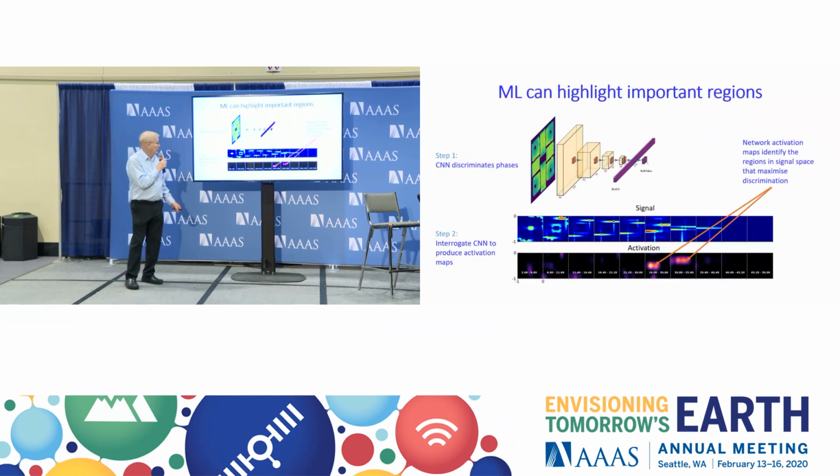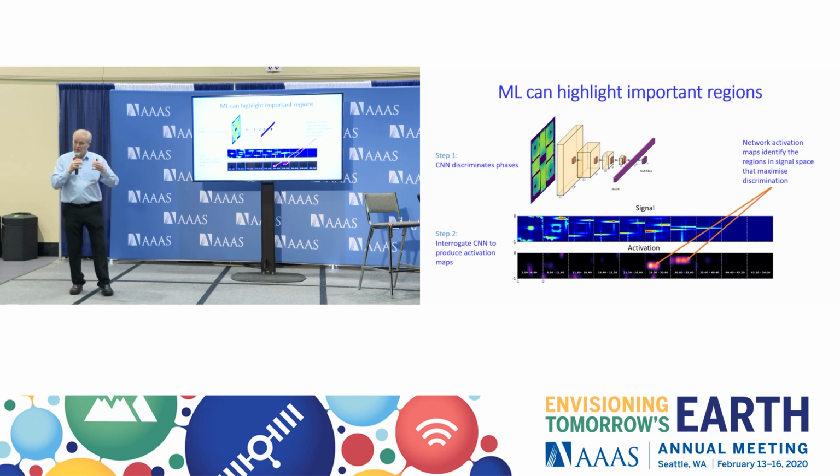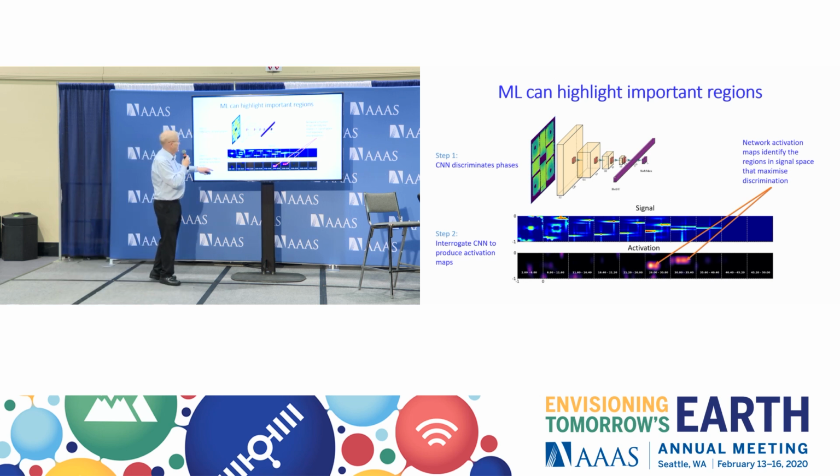Also, how do they work? Well, what you can also do is you can find out which are the important areas in the data that help you discriminate between this model or that model, for example. And this is an example that we did using these activation maps.